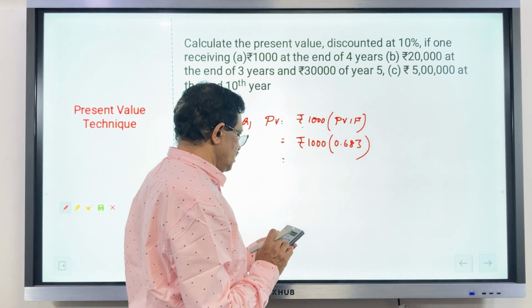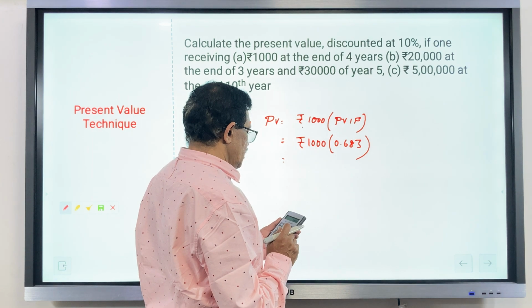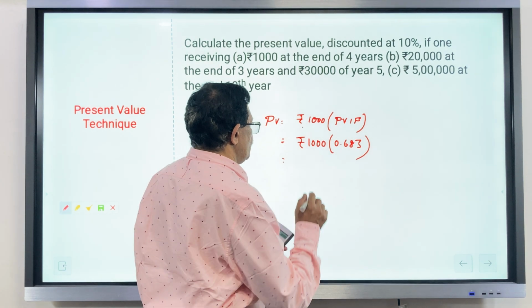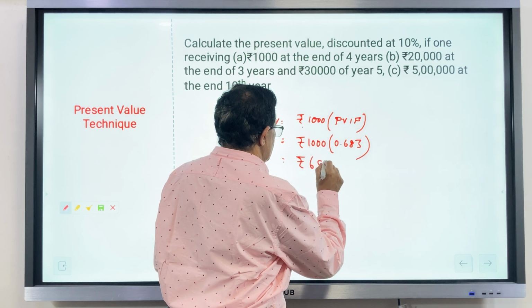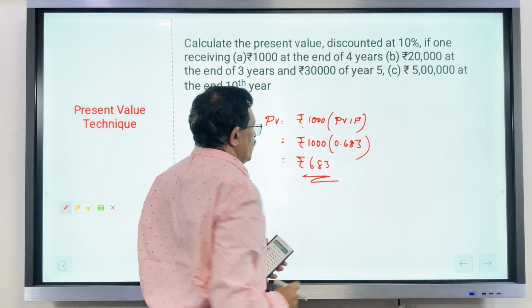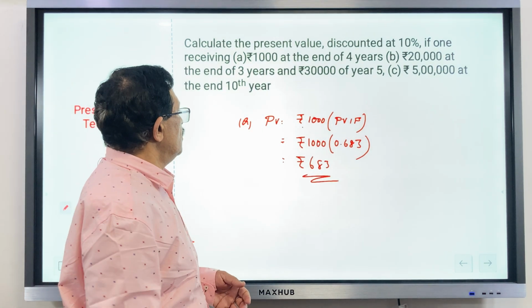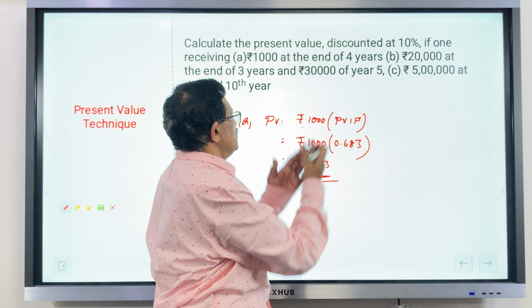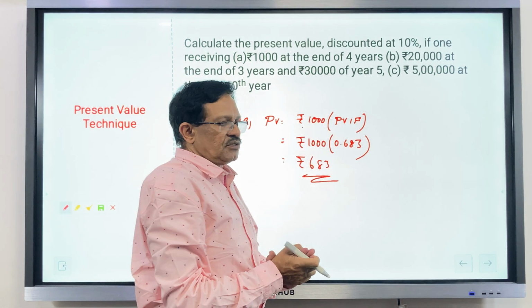The value is 683. So this is how you are going to use the table values. We are just multiplying with the present value interest factors.